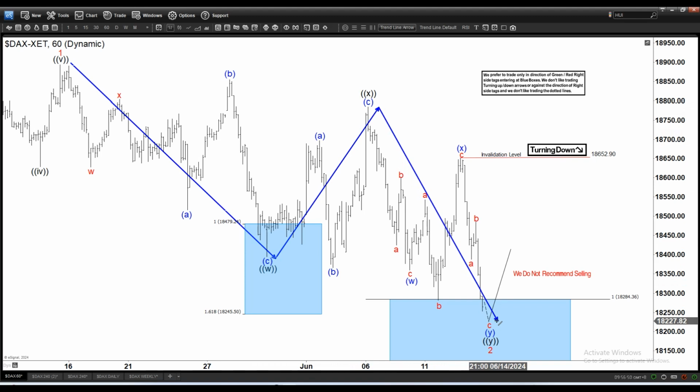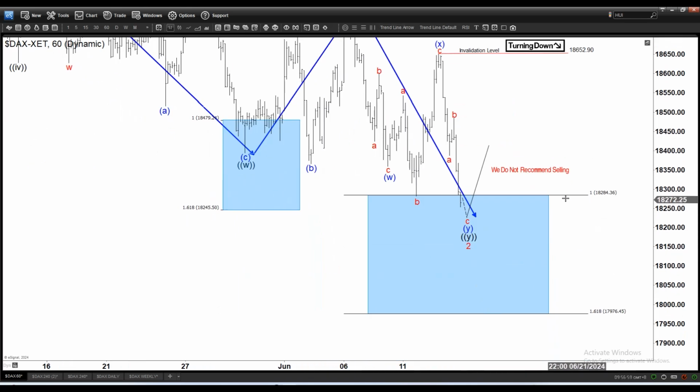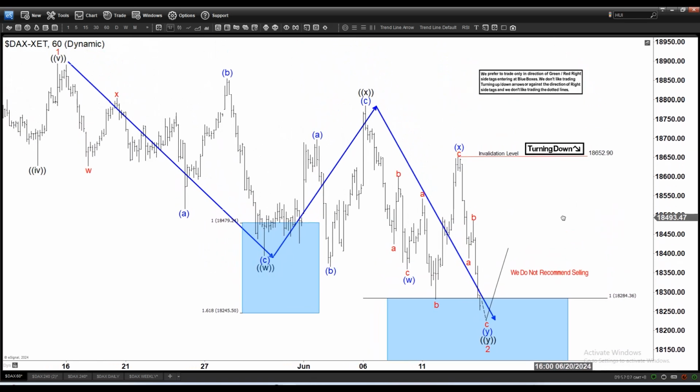And we have already reached the 100% extension of the Y. So the 100% extension runs from 18,084 all the way down to 17,976, right? That will be the 100% extension.